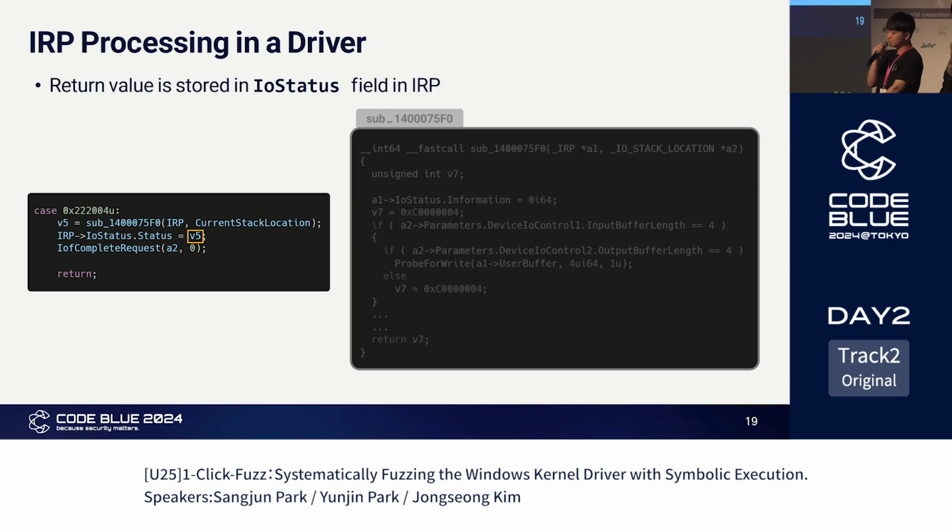Finally, the return value is stored in the I/O status field of the IRP. And the driver calls the IoCompleteRequest function to complete the I/O request. Finally, the NT status value is changed into a system error code and returned to the user as the result of the device I/O control function. The NT status value shows whether a request in the driver has succeeded or failed.